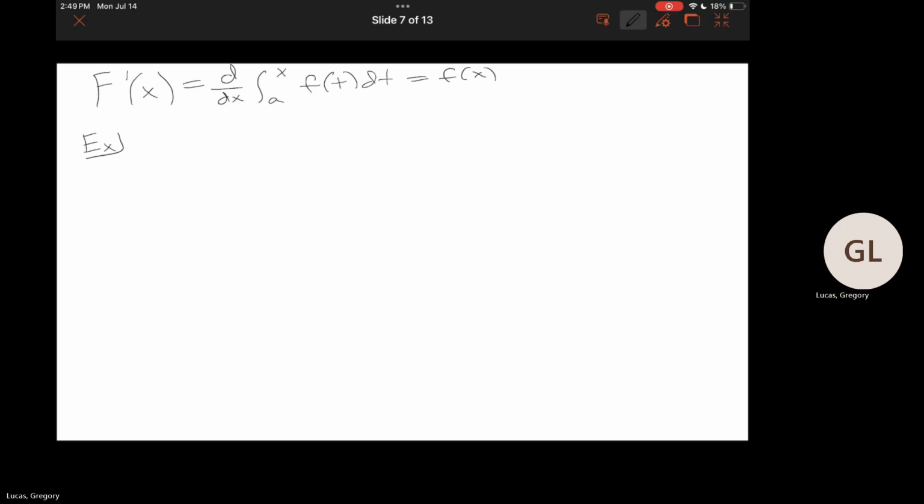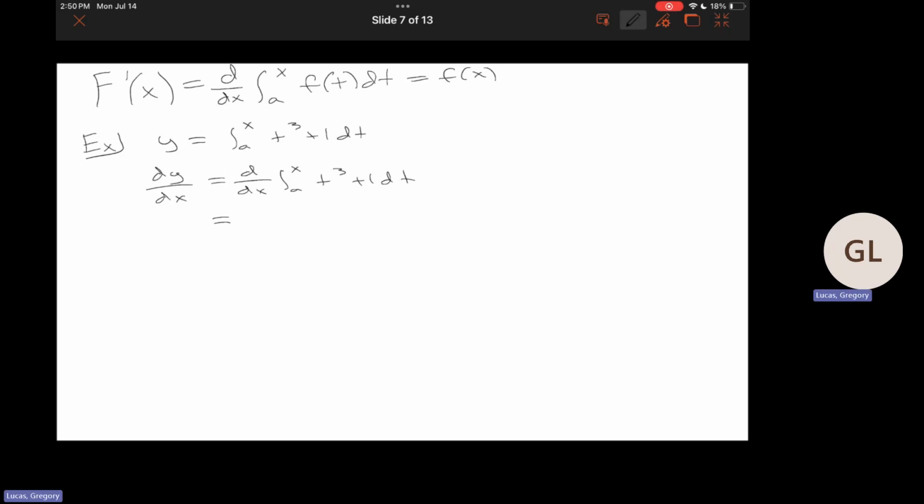Right. My first example, I have y equals the integral from a to x of t to the third plus 1 dt. So if I take the derivative of this, then I'm taking the derivative from a to x of t to the third plus 1 dt.